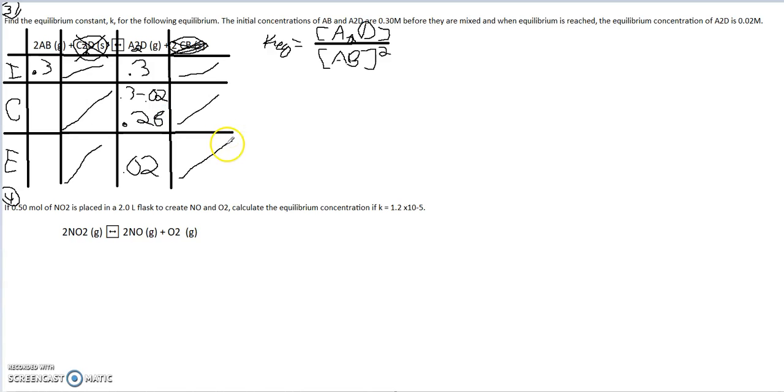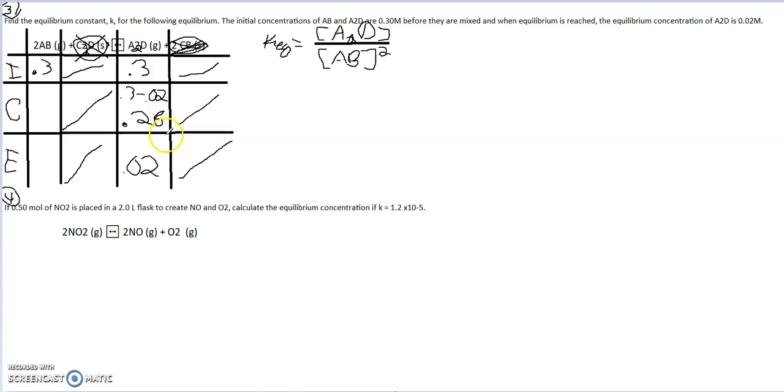which is great. Now, for these two columns that we have to fill in, these two boxes, your change in concentration has to be much the same for both of these. And it depends on how much one of them changed.